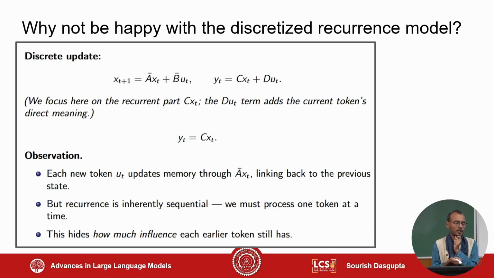So this hides how much influence each earlier token still has, which means the strength of, let's say, the conditional independence that you were assuming in transformer-based, self-attention-based models, where John can independently come and influence who, that is kind of going.